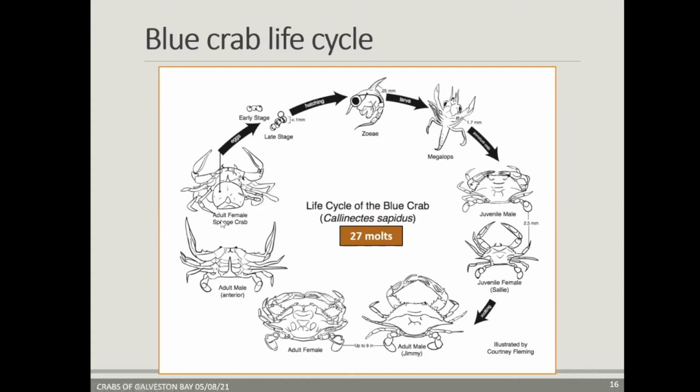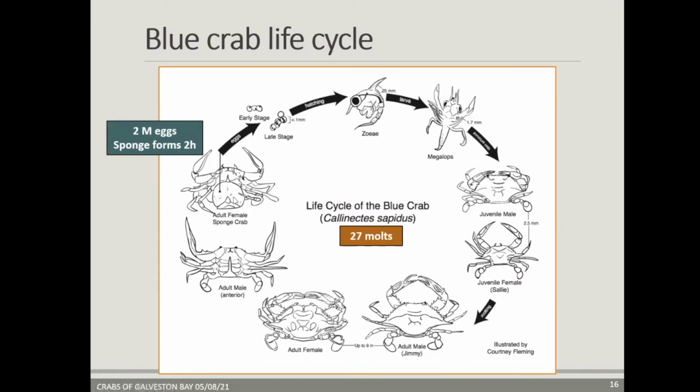But we could start with an adult female sponge crab. She will hold about 2 million eggs under her abdomen here. And in this one spawning, she'll release the eggs and form the sponge in about 2 hours worth of time. So it's very, very fast.